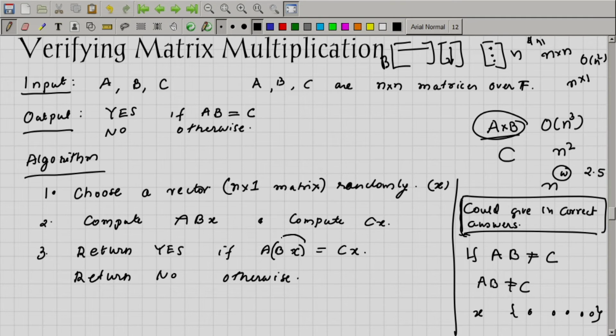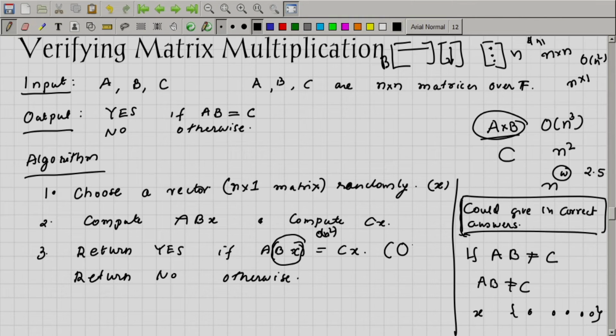So, this computation can be done in O(n^2), and you will get an n cross 1 matrix, which again can be multiplied with A, which is an n cross n matrix, and that also takes O(n^2). So, this entire computation can be done in O(n^2) time, and then you have to compute Cx and compare with it.